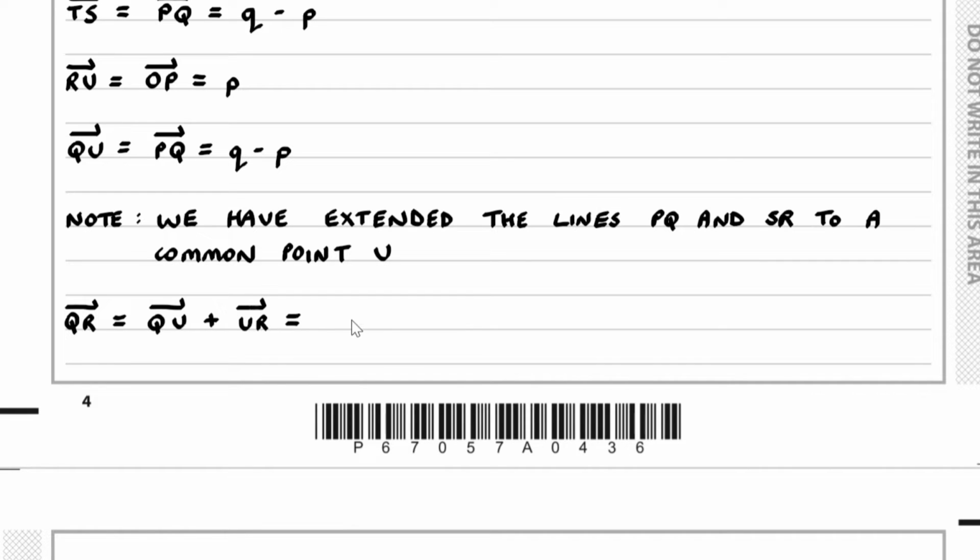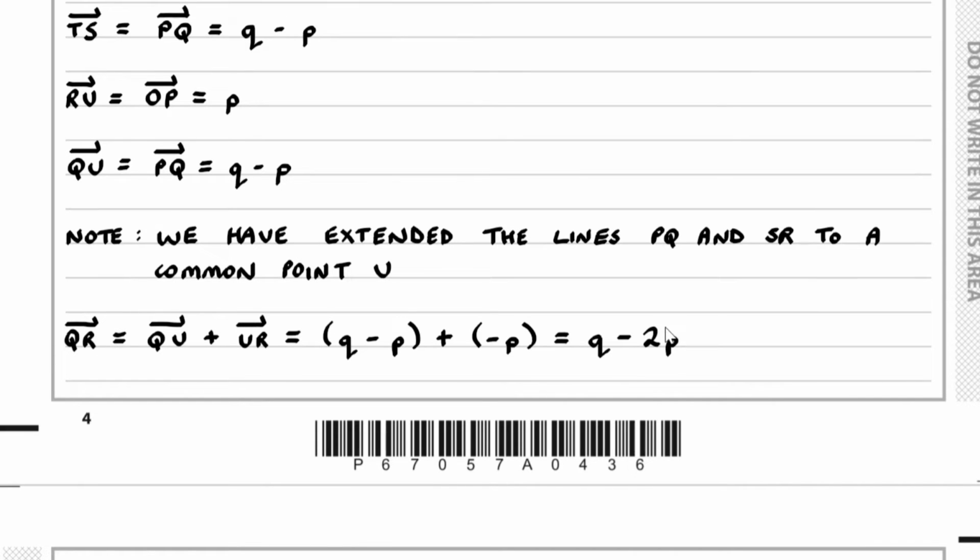So we have the vector QU, which is equal to Q minus P, and the vector UR, that's the negative of P, and therefore the vector QR is equal to Q subtract 2P.